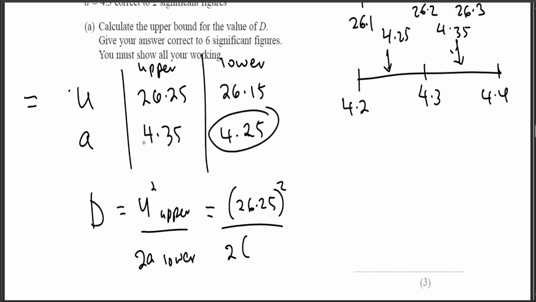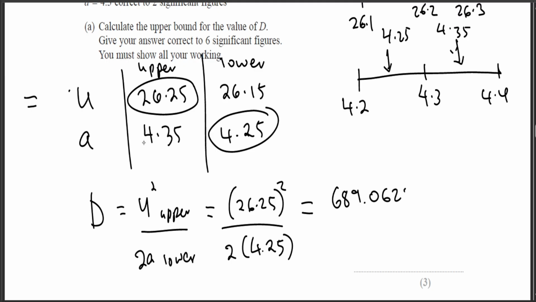So basically take this, and I took this. So 2 times 4.25, 26.25 squared is going to give you 689.0625, divided by 2 times 4.25, which is going to give you 8.5.